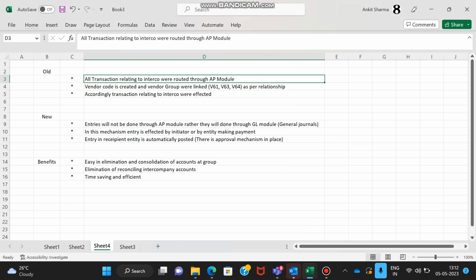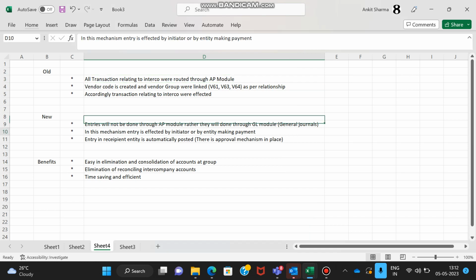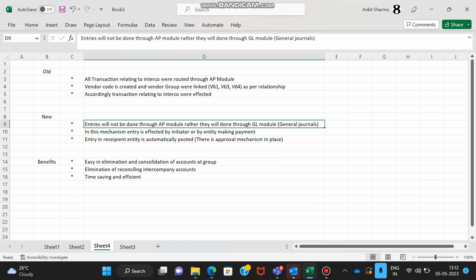However, now we are coming up with the new system, the new updates that have come through Microsoft. So we are moving to the new method. In this method, the entries will not be done through the AP module, rather they will be done through the GL module through the journal voucher. In this mechanism, the entry is effected by the initiator, the entity making the payment.